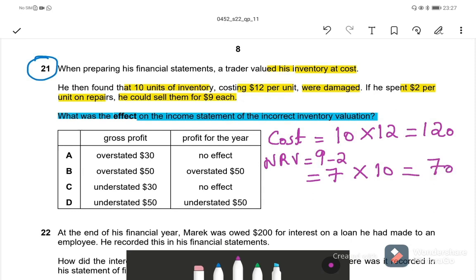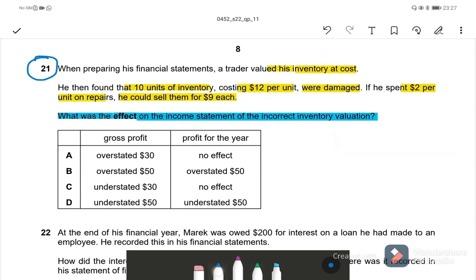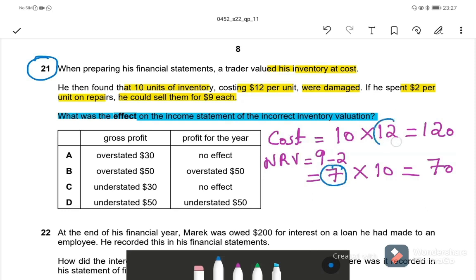Actually, the lower value is 70. 7 is lower than 12. So, it should be 70, but by mistake, inventory is valued at 120, it is overstated. So, what is the difference? 120 minus 70, 50 is overstated. So, it will overstate gross profit and overstate net profit. So, the correct answer is option B.